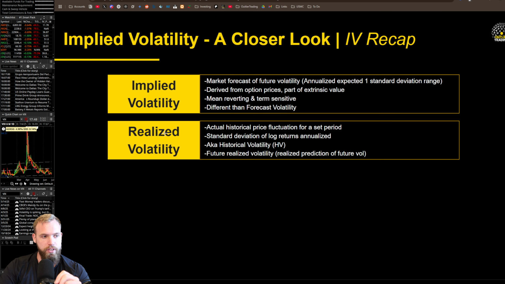Now, you'll notice that for both of these, we're essentially taking some sort of standard deviation range of a move. Again, both of these can be set to different periods. However, for realized vol, you have to take the log returns. This essentially normalizes upside moves and downside moves so that you can come up with a range, because both of these are giving you a range, not a direction.